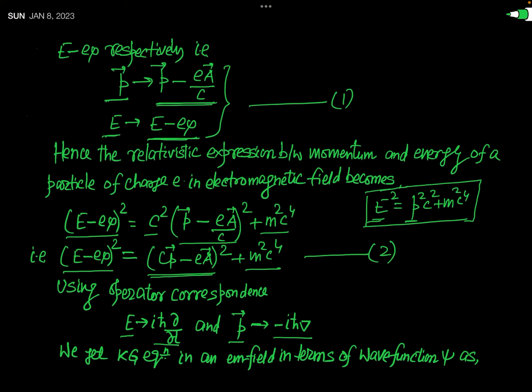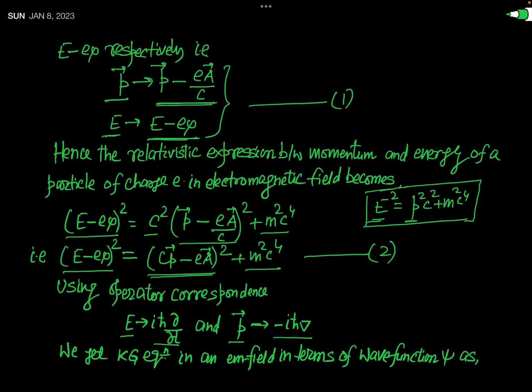So substituting the corresponding operators for the quantities E and P in this equation number 2, because only these two quantities are observable, we have defined the two operators.